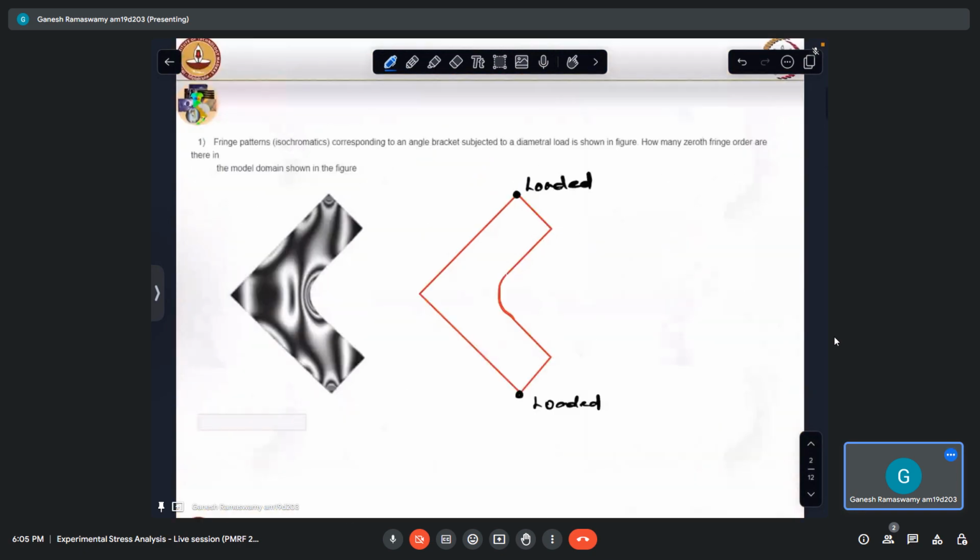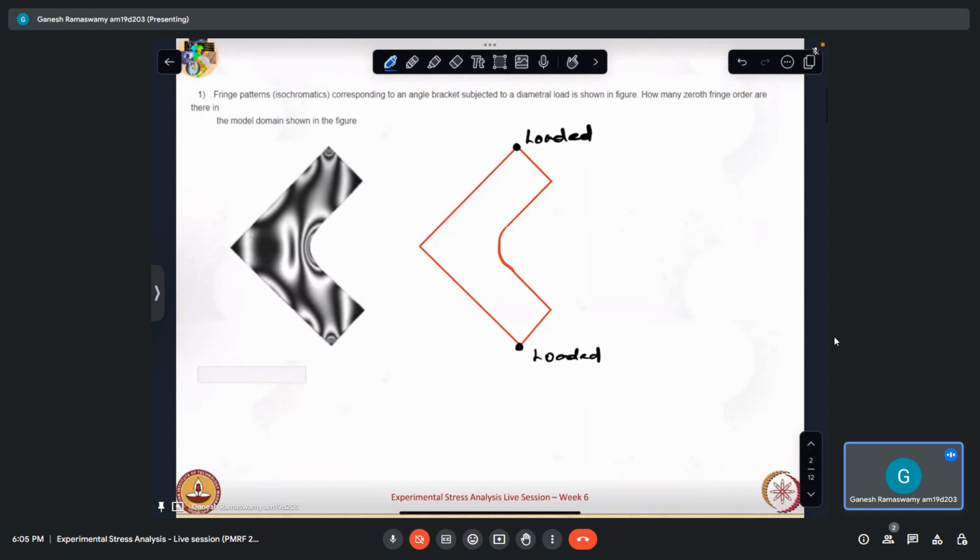So that implies that the stress tensor there is 0. If the stress tensor there is 0, then sigma 1 minus sigma 2 is 0, which implies that n is 0 from the stress optic law.